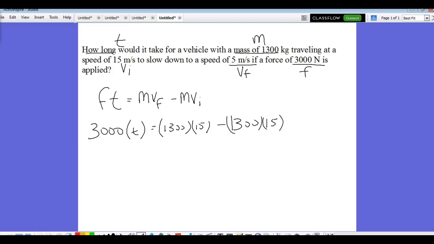Okay? And then we're going to just do 3,000 T equals 1,300 times 15. That's not right. Do it again. 1,300 times 15. It's going to give us 19,500. And that's going to be minus.